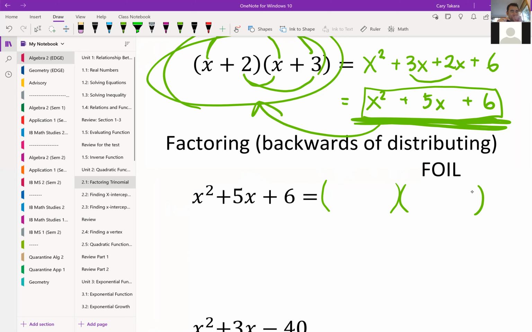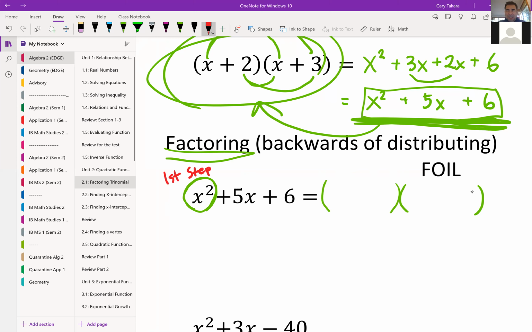So the first step of factoring is to take a look at the first term, x squared. Let's write it down. First step is to take a look at x squared and ask yourself, how do I get x squared?